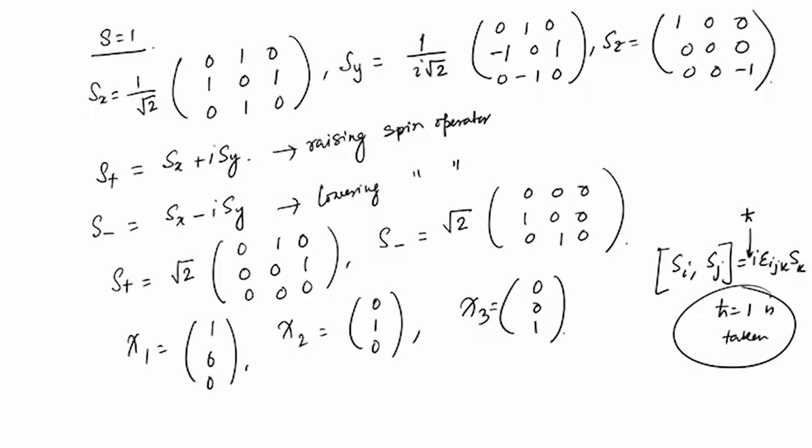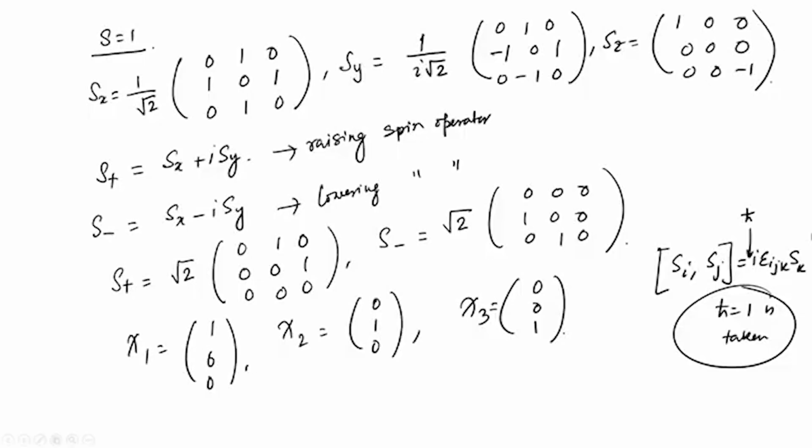When these i j k are taken in a cyclic order, they give you 1. If two of the indices are the same, then it is equal to 0, and if you interchange two indices, that is i going to k, k going to j, and j going to i, and so on, then you again bring back a sign.